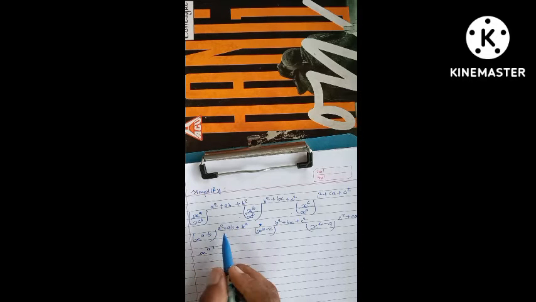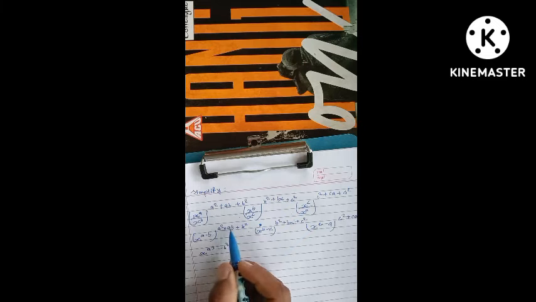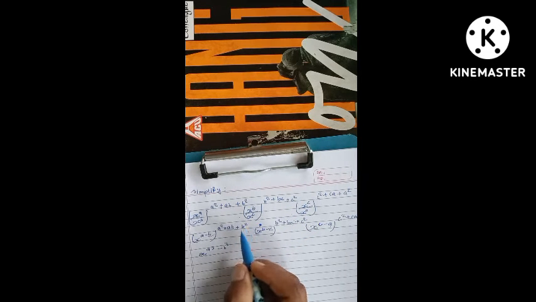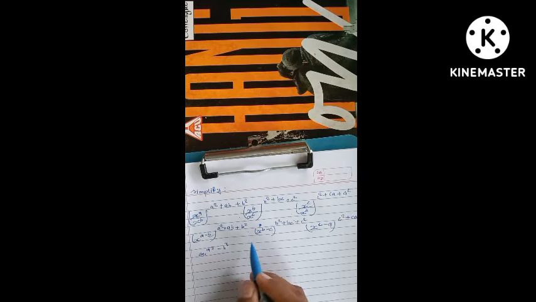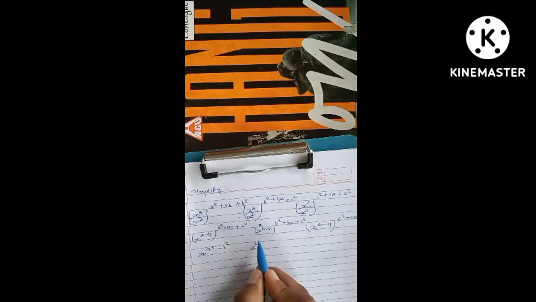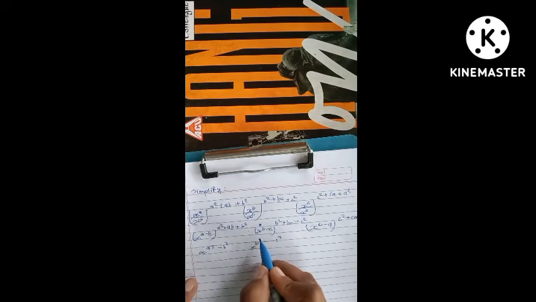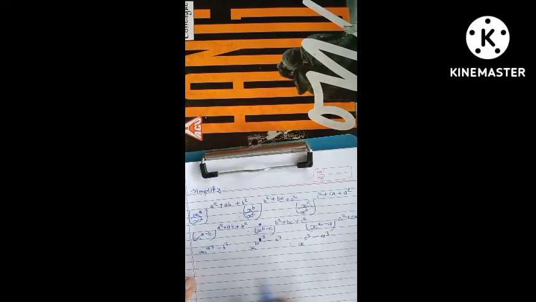minus b cube, because a multiplied by a square gives a cube, then the middle terms cancel, and then b cube, so we can easily write a cube minus b cube. Also x to the power b cube minus c cube, multiplied by x to the power c cube minus a cube.